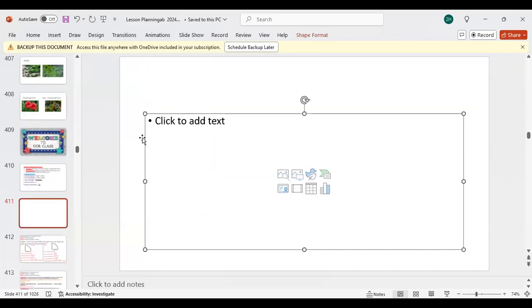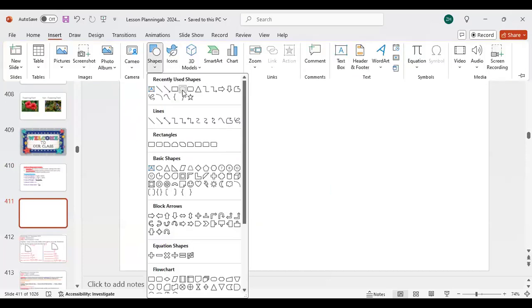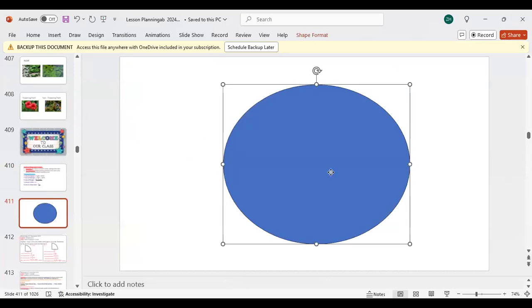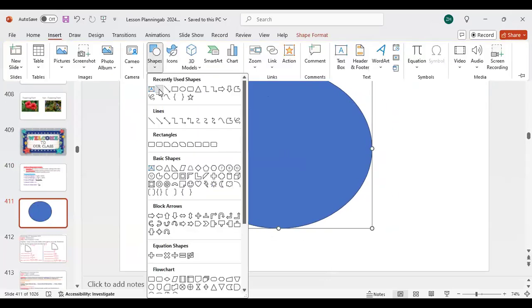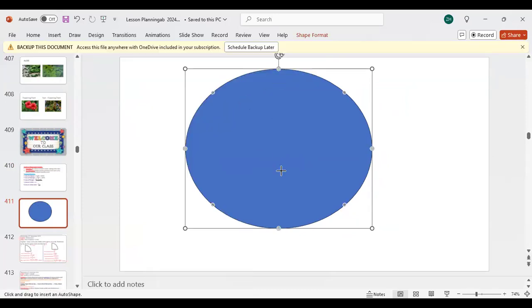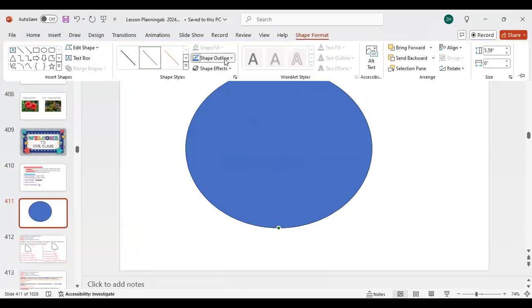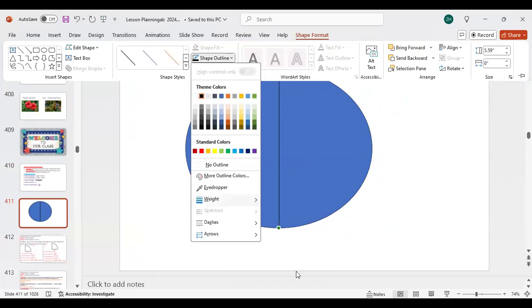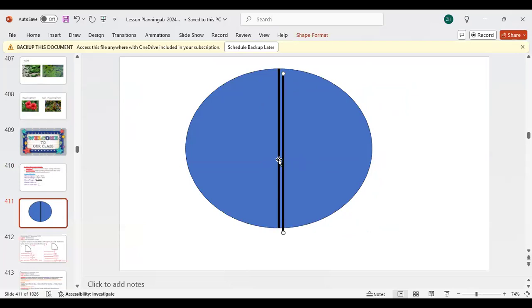Now let me draw it for you all. You don't have to write this down. So let's say we have this line, darkened. An oval?